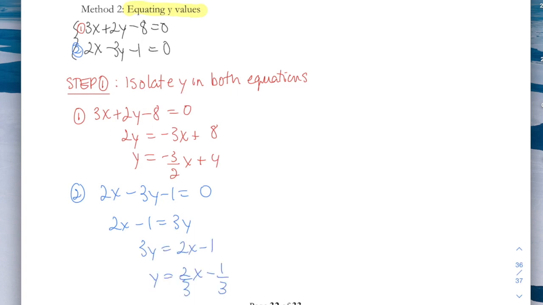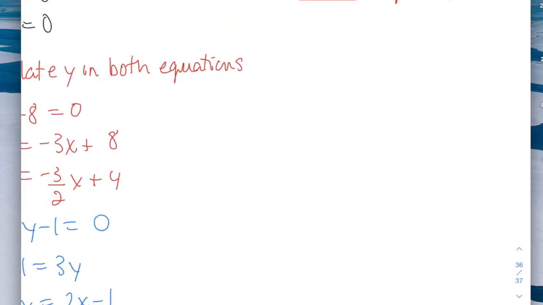Okay, so the key to this method is in step 2. In step 2, what we do is equate y. So what does that mean? Well, the governing principle or concept is this. We're just going to let y equal y. Very simply, we're going to equate y values.